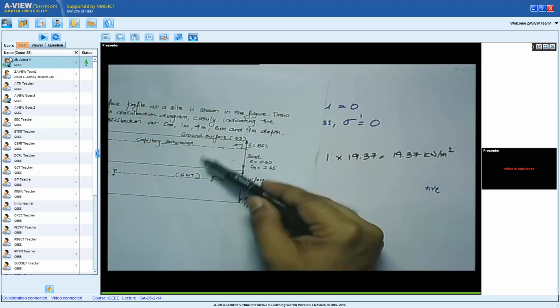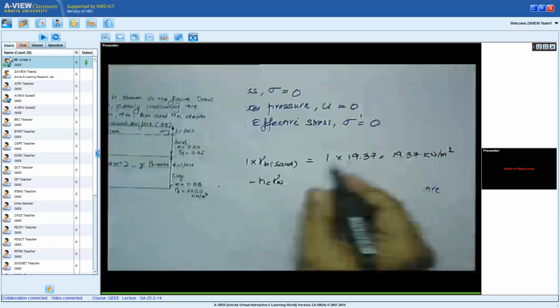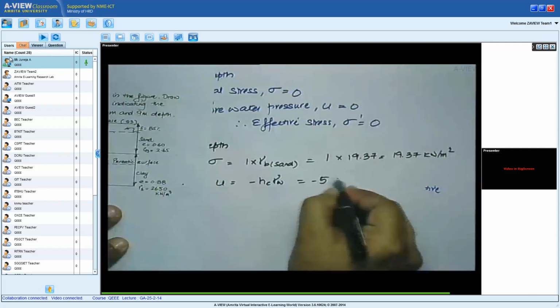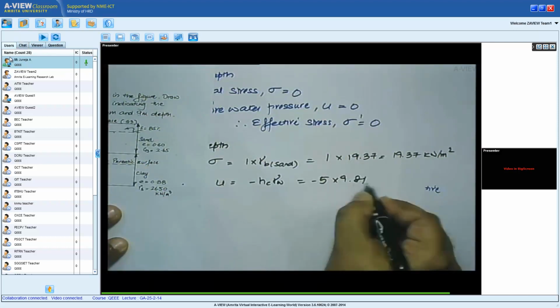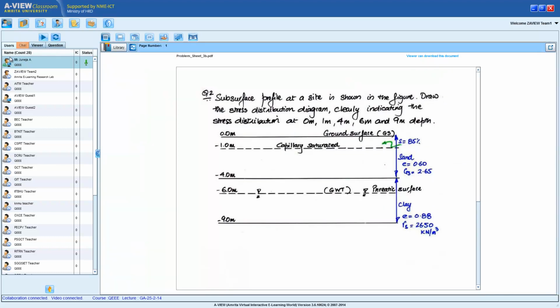This distance is 5 meters, I believe. So I have minus 5 times 9.81, which should give you a number which is minus 49.05 kilonewton per meter square.